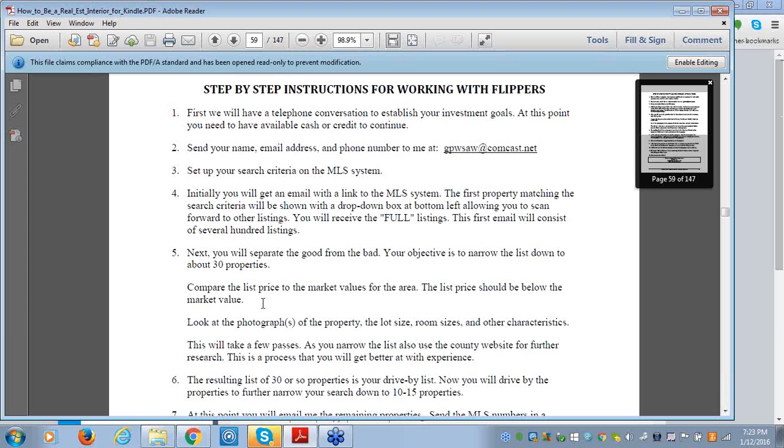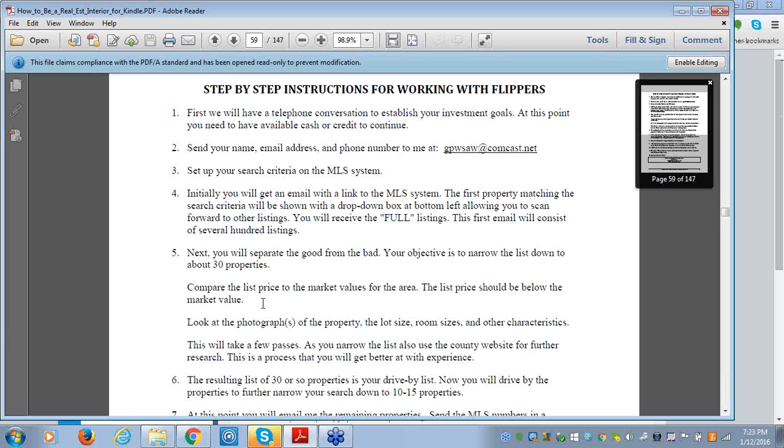So you always want to look for properties that are in alignment with the majority of the properties in the area, particularly the ones that are turning over. If it's 3-bedroom, 2-bath, then that's what it is. If it's 4-bedroom, 2-bath, then that's what it is. You're trying to go with the numbers. You want to have the highest probability of attracting a buyer to sell that property quickly and for the most money relative to list price.